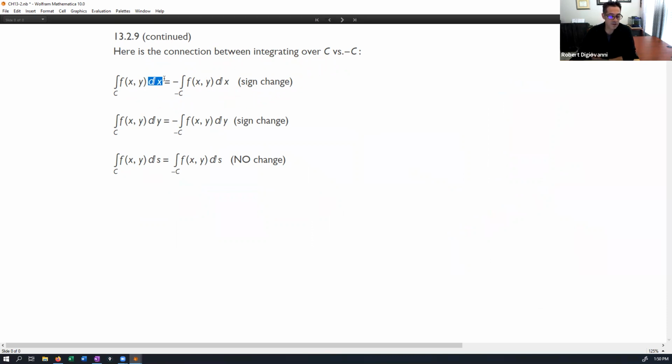If you're talking about with respect to X, then you have a sign change. Whatever your answer is, you just change the sign if you go backwards. So let's say this line integral gave you the answer of 4. Then if you go backwards along the path, you'll get -4. Same thing happens with respect to Y. If you get an answer like 10, then the answer traversing backwards will be -10. If it's with respect to arc length, it does not matter which way you traverse. You'll get the same answer. If this is 4, that's 4. Okay, this is just kind of an FYI thing as we move ahead.